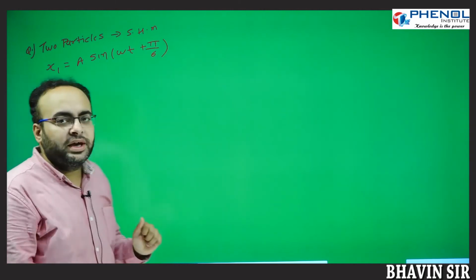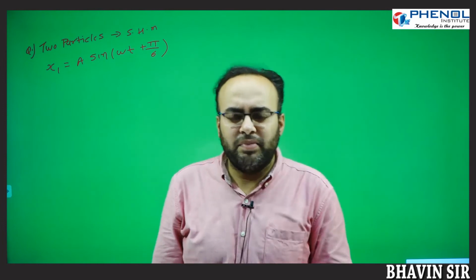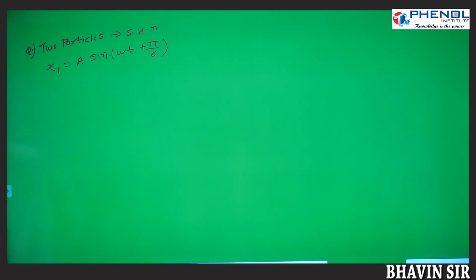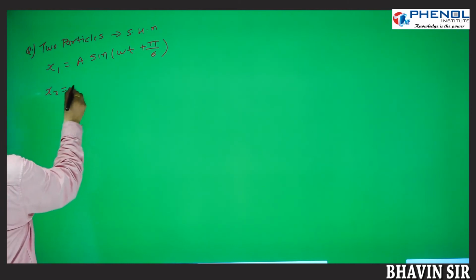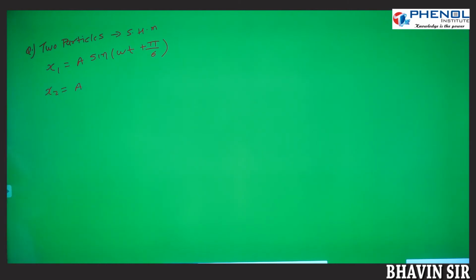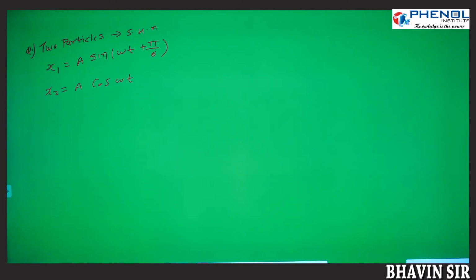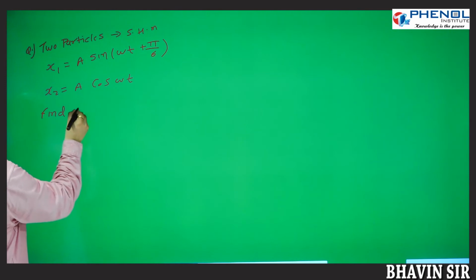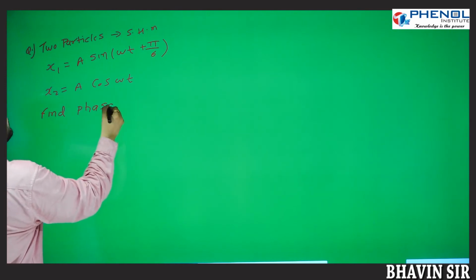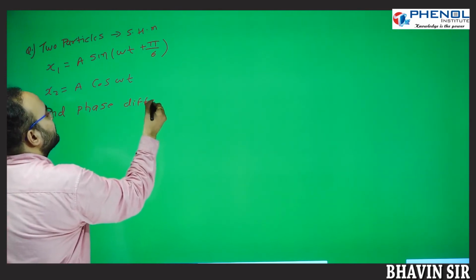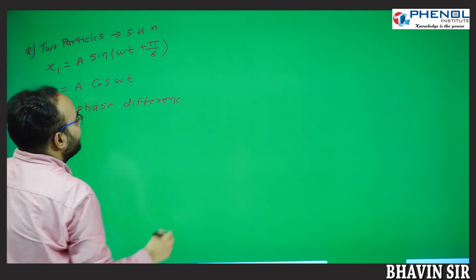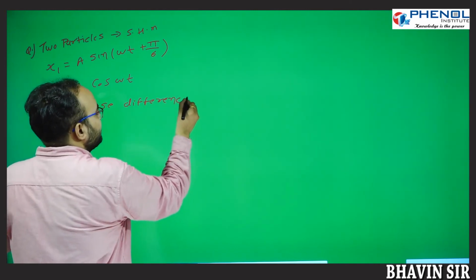X equals A sin(omega t plus pi by 6). For the second particle, what is the equation of displacement? X equals A cos omega t. Questions of this type come, students. Find the phase difference.